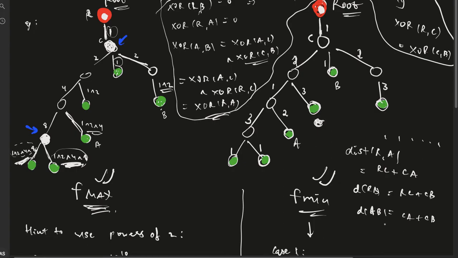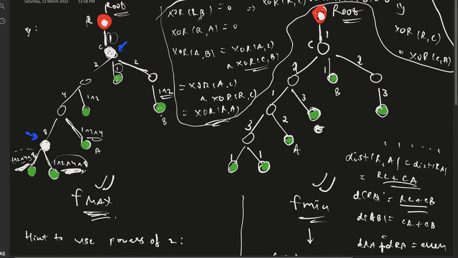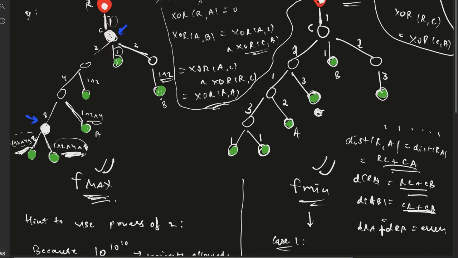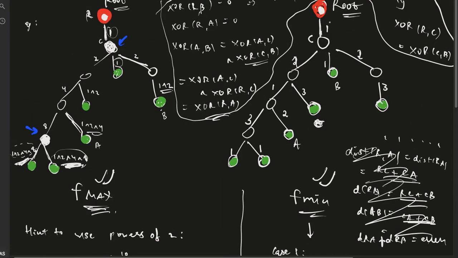We know that distance of RA plus distance of RB is even. This means that CA plus CB has to be even. So from this observation, only checking for the root would be sufficient.